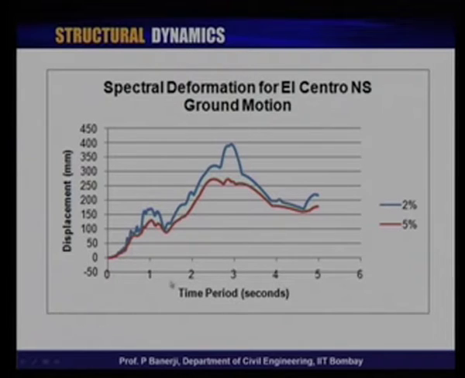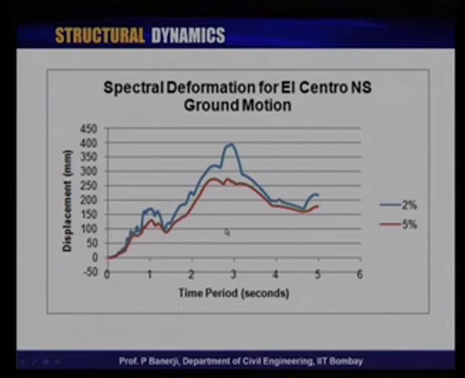This is the displacement, and across the time period for different values of xi, it is the spectral deformation, or the deformation response spectrum, for the El Centro north-south ground motion. So this is for a particular ground motion. This is how it looks.